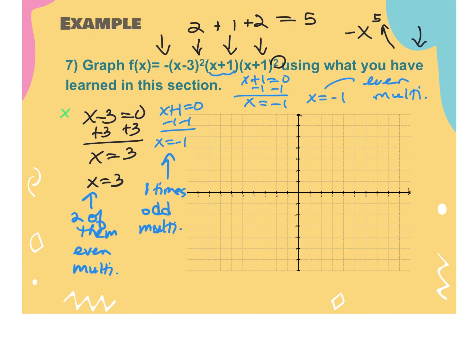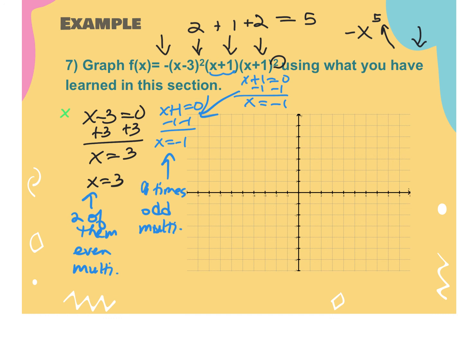So let me go ahead and put these x-intercepts on my graph. So I've got one at, actually, sorry, this occurs 3 times. Sorry, let me fix that. So this one is the same as this one. So it's actually occurring 3 times.